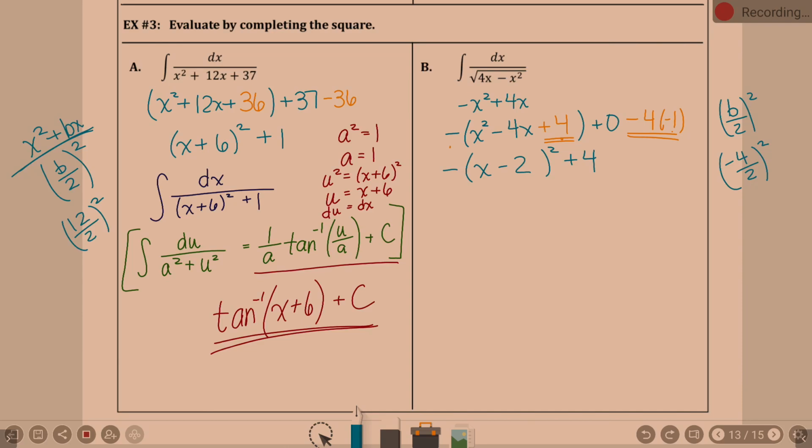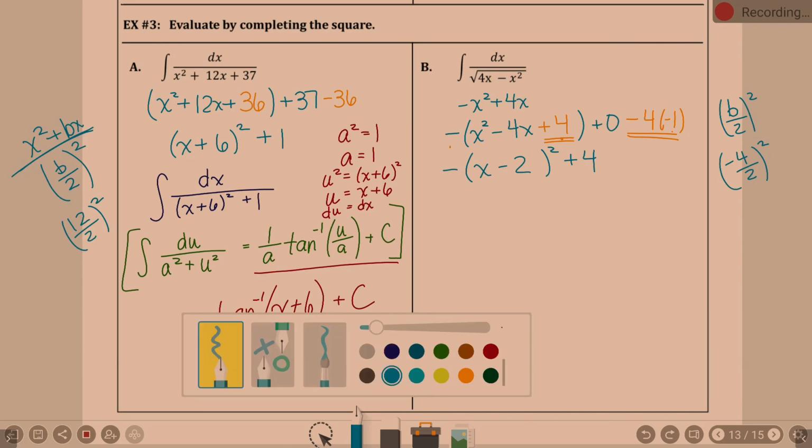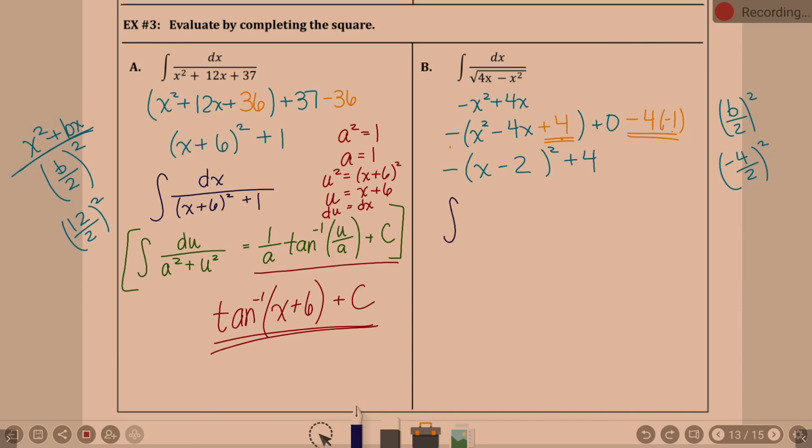Now, let's rewrite this integral. dx over square root. Now, folks, if you recall, I flip-flopped my problem to begin with, yes? And there can't really be a negative out front like that, but here's the deal. Let's flip-flop this. It's a 4, and then it's a minus x minus 2 squared.